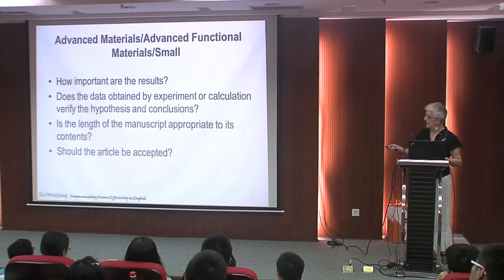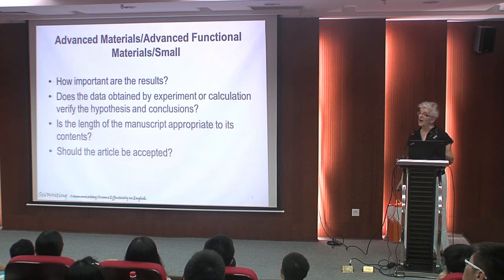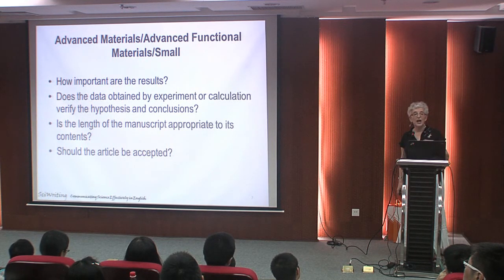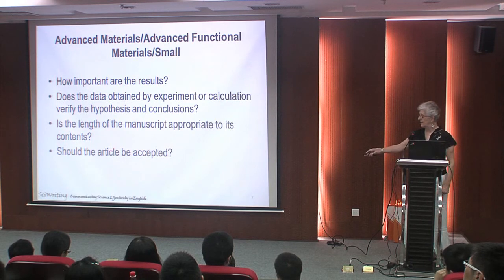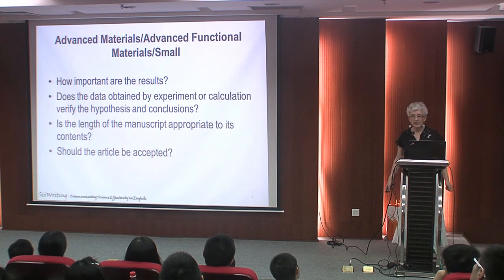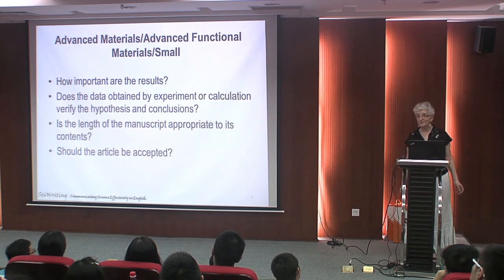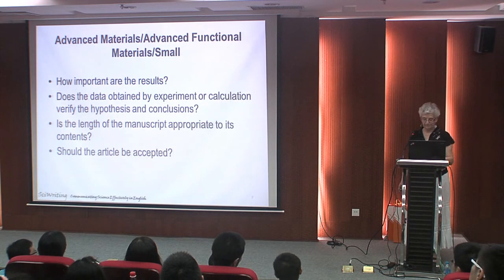Does the data obtained by experiment or calculation verify the hypothesis and conclusions? Is the length of the manuscript appropriate for its content? And the general summary of value at the end: should the article be accepted? Yeah?